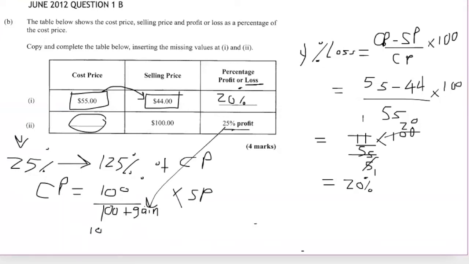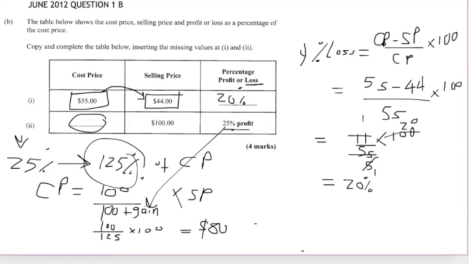So I would have 100 over 100 plus 25. So that's how I got the 125%. So in the denominator, I am going to have 125%. So it will be 100 over 125 times the selling price, which is 100. And this will give us $80.